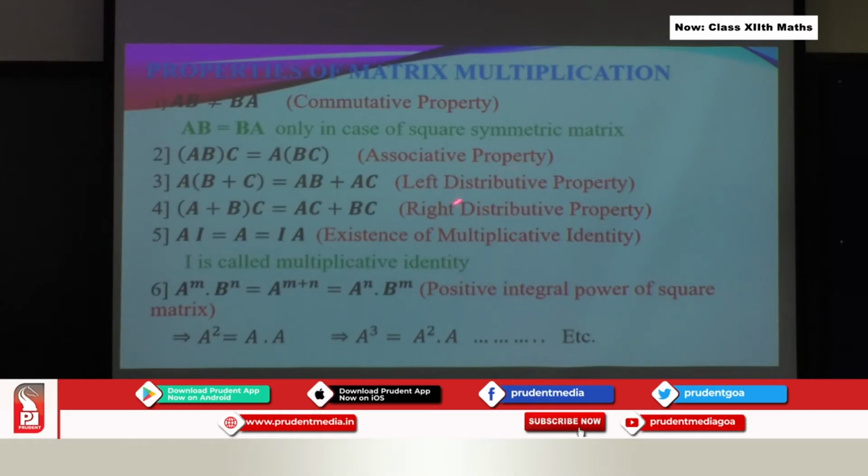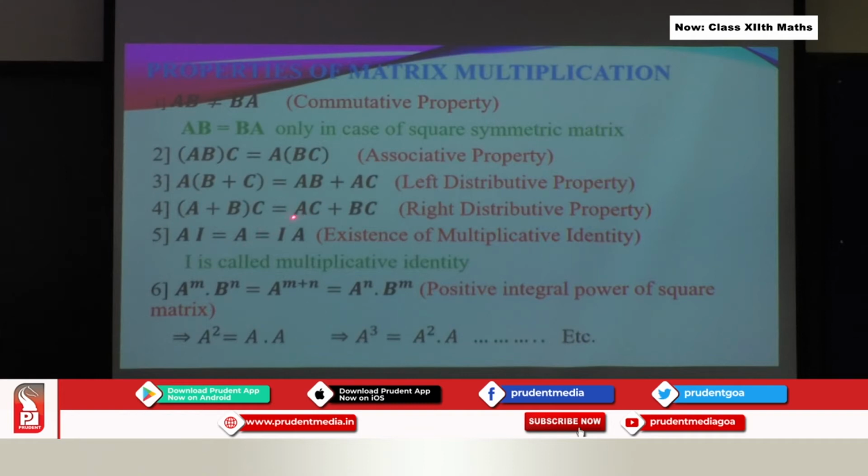Let's go to the right distributive property. Again, the same kind of explanation. This matrix C is multiplied into the bracket from the right, and it is getting distributed from the right side.